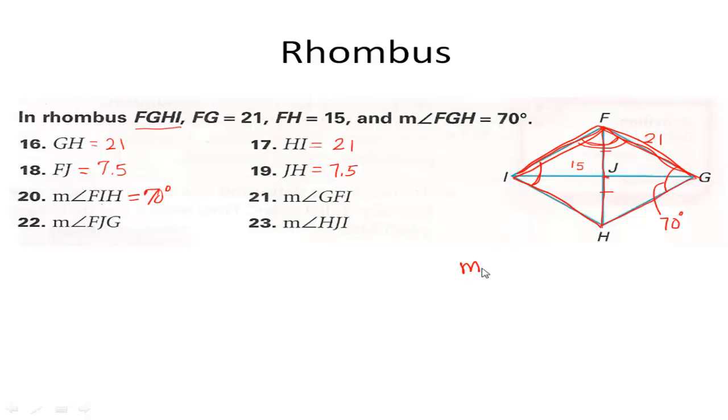The measure of angle GFI, that's this angle, plus 70, that's this one, has to be 180 because in parallelograms, consecutive angles are supplementary. And now we solve for the measure of angle GFI.